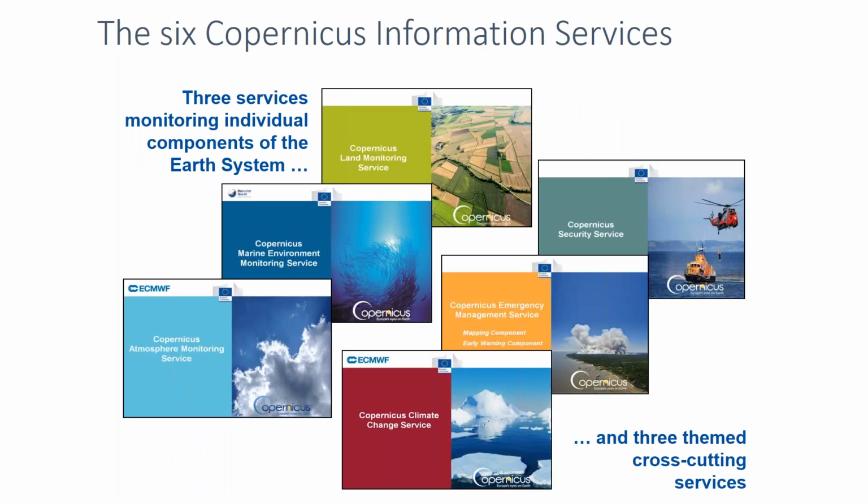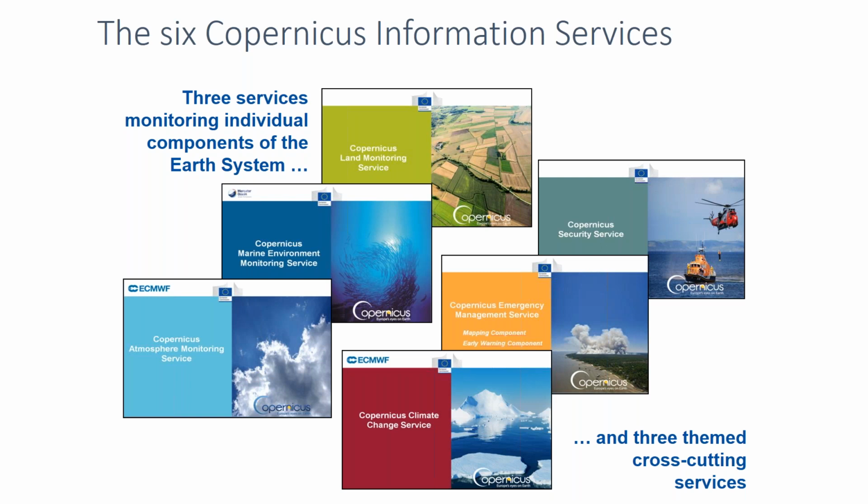So Copernicus set off 6 different information services, 3 of them associated with the different components of the Earth system, land, marine, and atmosphere, and 3 cross-cutting services: a security service, an emergency management service, so that's about fire warning, flood warnings, and so on, and the Copernicus climate change service.